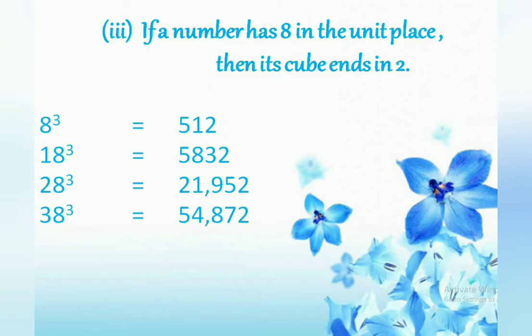Here also for the cube, 2 comes in the unit place. Let's take 28 cube. In 28, the unit place is 8 and the answer is 21,952. 2 comes in the unit place. And for 38 cube, 48 cube, 58 cube, you take any number, the cube of that number ends in 2.